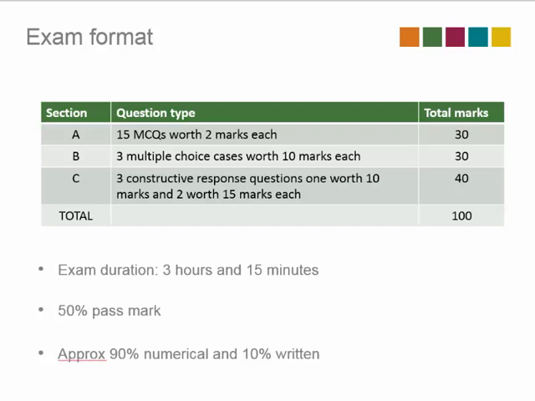Section B has some similarities. That comprises 3 multiple choice case studies, each worth 10 marks. Now, one of those case studies will have 5 multiple choice questions. So 5 multiple choice questions, each worth 2 marks, gets us back to those 10 marks. So you'll be given a case study.